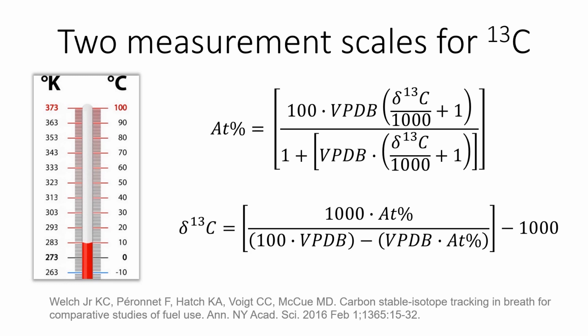The first of these two equations shows how atom percent can be calculated if we know the isotope ratios and we know the delta values. The second equation shows how we can back calculate for delta values if we know the isotope ratios and the atom percent.